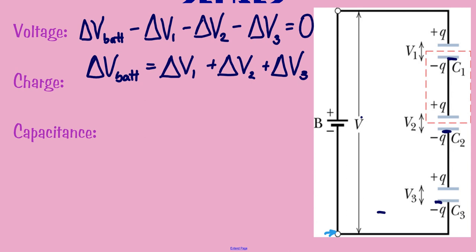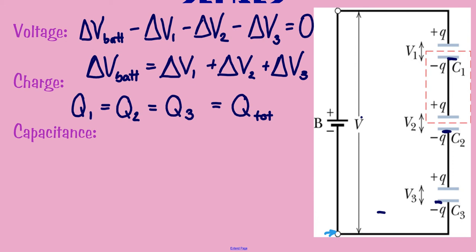So what I'm saying here is that Q1 equals Q2, which equals Q3. Sometimes we also call that the total charge. Basically, this time when we have capacitors in series, they're each charged the same amount.